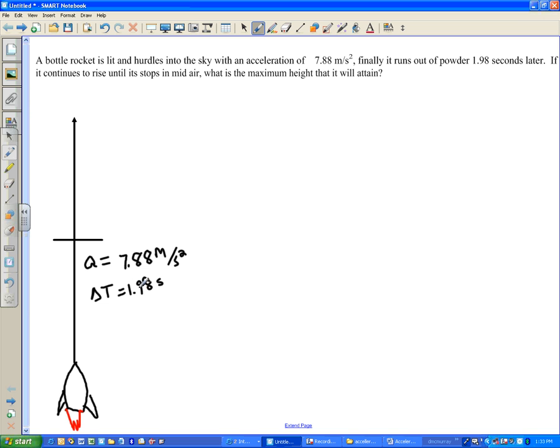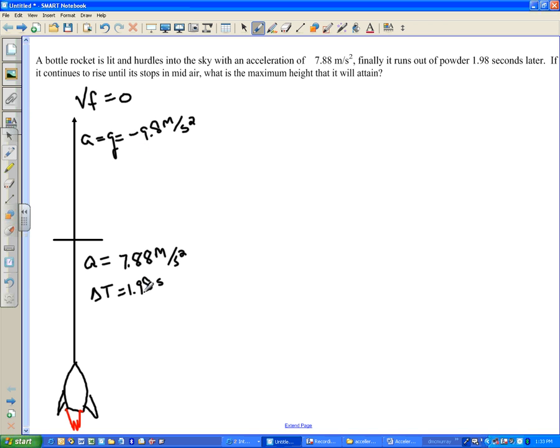Now, after this initial acceleration, it then has a second part where it slows down. During that second part, acceleration equals that of gravity, which happens to be negative 9.8 meters per second squared. And at the pinnacle of its motion, the final velocity is 0 because it stops.